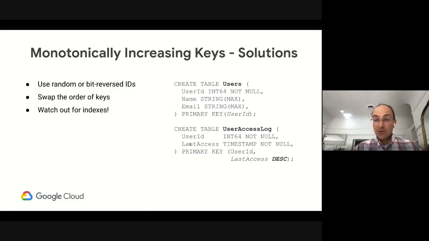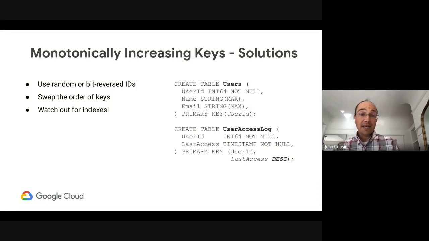One thing we can do is put that timestamp as the last component of the key, with the user ID coming first. This means that, assuming I don't have too many updates per user ID, I can effectively scale based on user IDs and not have to worry about those timestamps specifically.